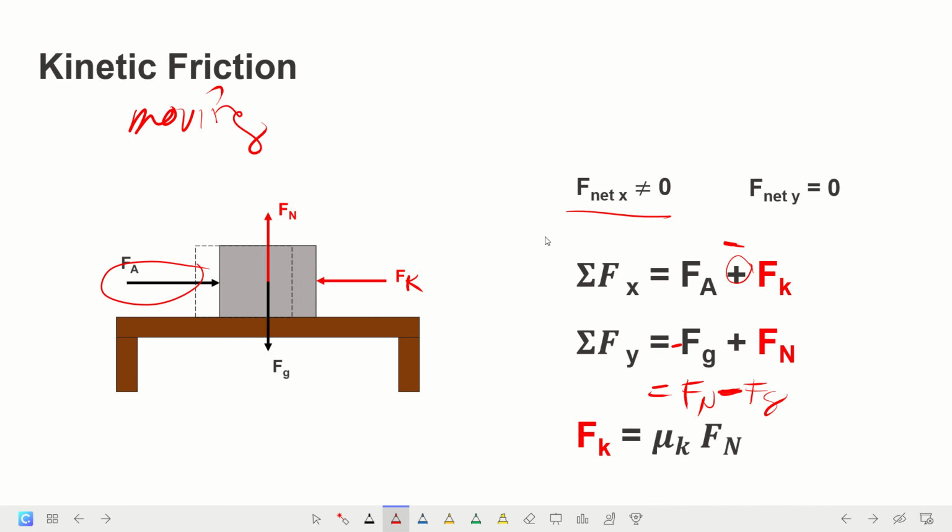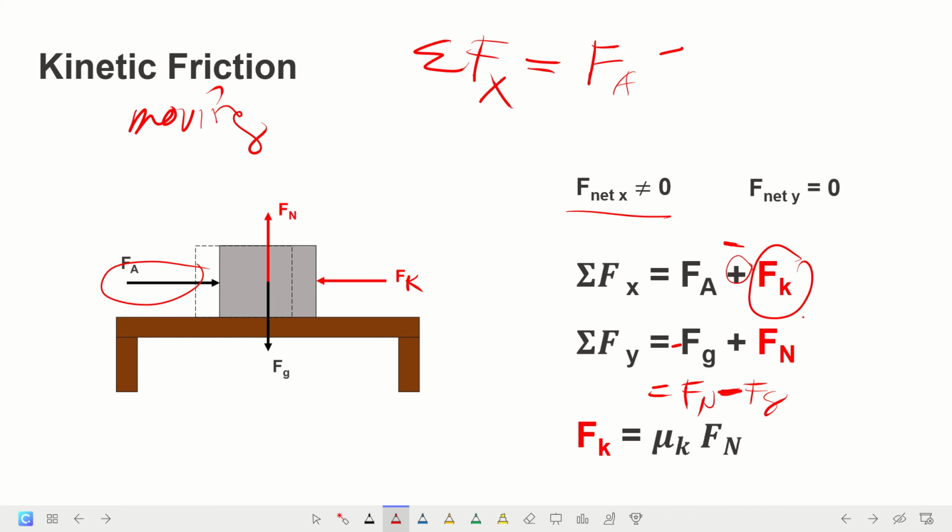And then for the kinetic friction naman class, the summation of forces along the x-axis, when the object is already moving, the friction force acting on it is the kinetic friction. To solve for the net force, we just subtract applied force minus the kinetic friction.